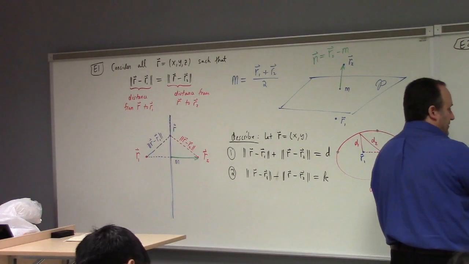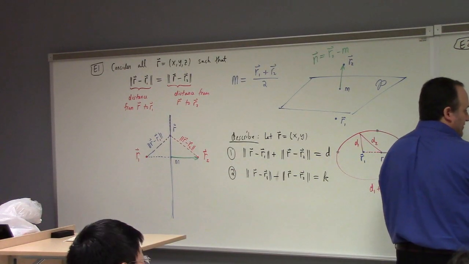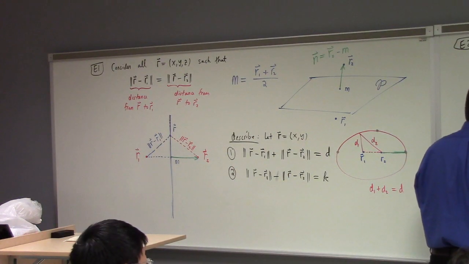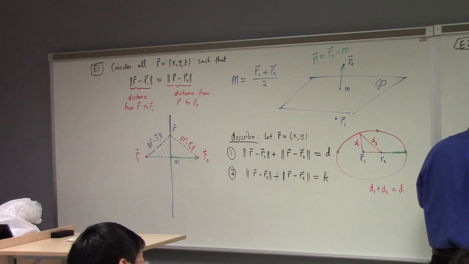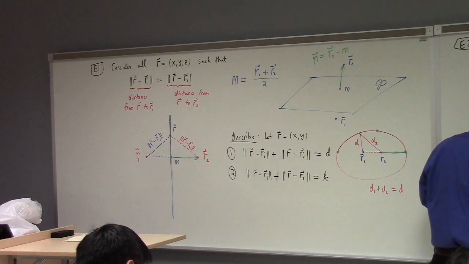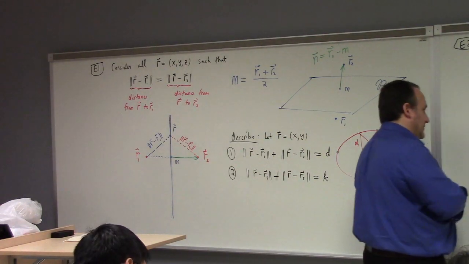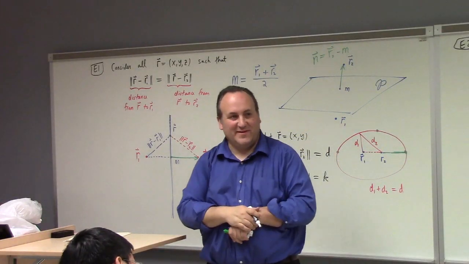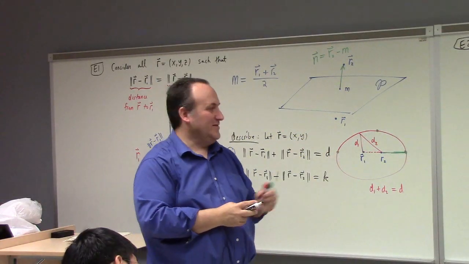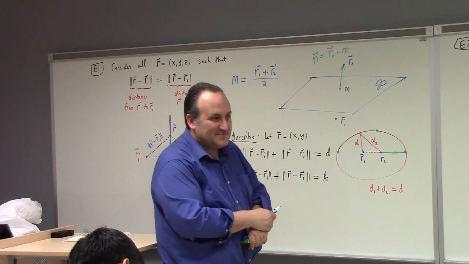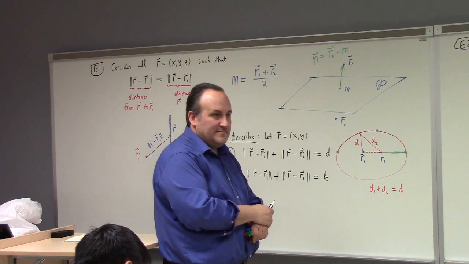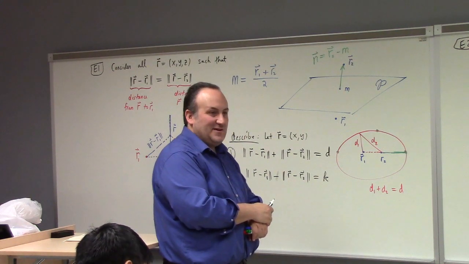The square root of x minus 1 squared plus y minus 1 squared, minus the square root of x plus 1 squared plus y plus 1 squared, equals 1. Now that, at the moment, is not terribly familiar, at least to me. Can you guys see what it is? I mean, I can't, not yet anyway.